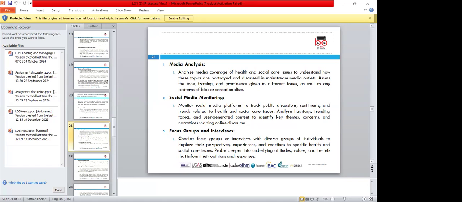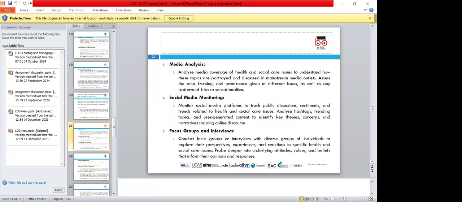Media analysis. Analyze the media coverage of health and social care issues to understand how these topics are portrayed and discussed in mainstream media outlets. Assess the tone, framing, and prominence given to different issues, as well as any patterns of bias and sensationalism.